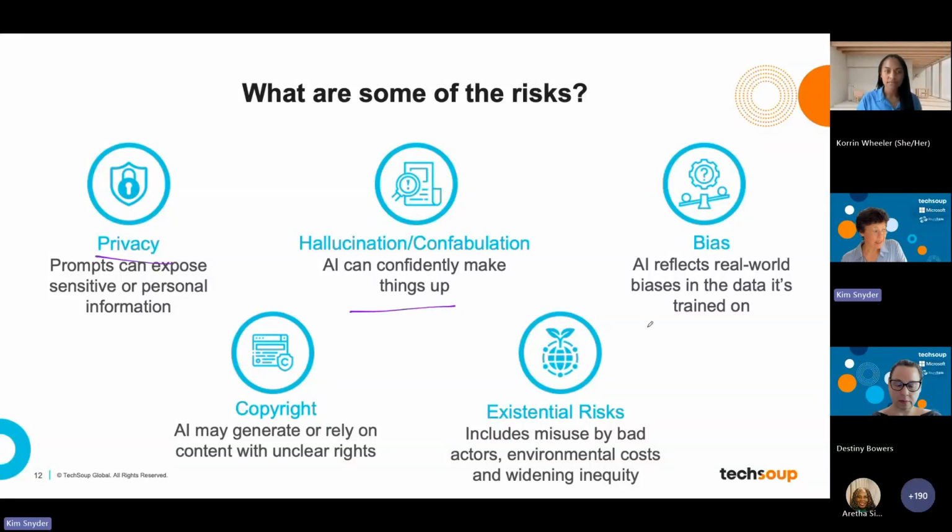Okay, as far as bias, yes, there is bias in the world's data. These systems are trained on the world's data. So again, that's another reason to always review what the systems create.